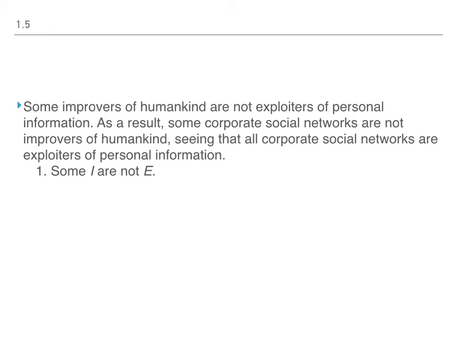So if we use I and E for the standard terms, I would be things which are improvers of humankind, and E would be exploiters of personal information.